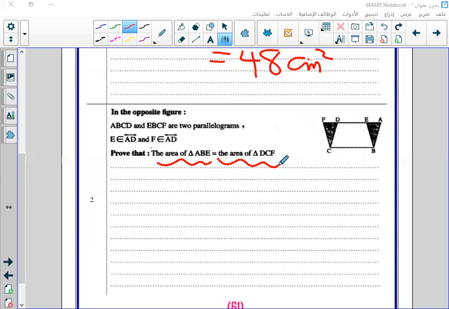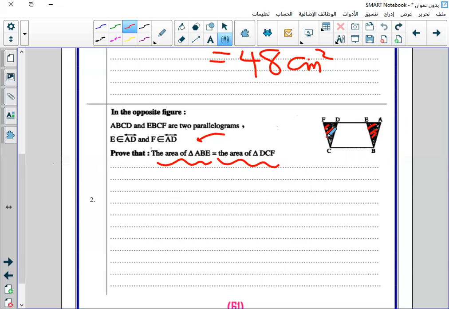Okay, I'm not sure, but I will try. Let's solve together. We need to prove, Hania, that the area of this colored triangle equals the area of the shaded triangle CDF.